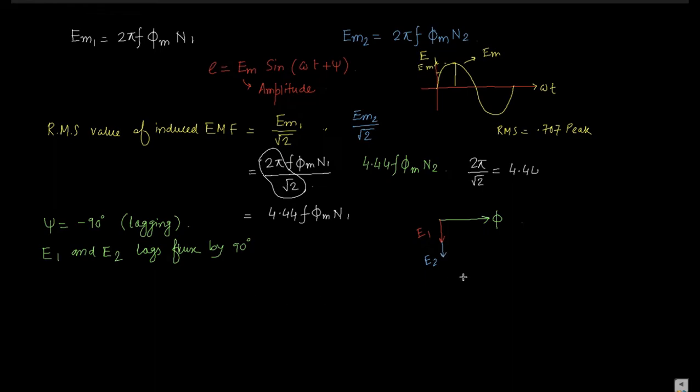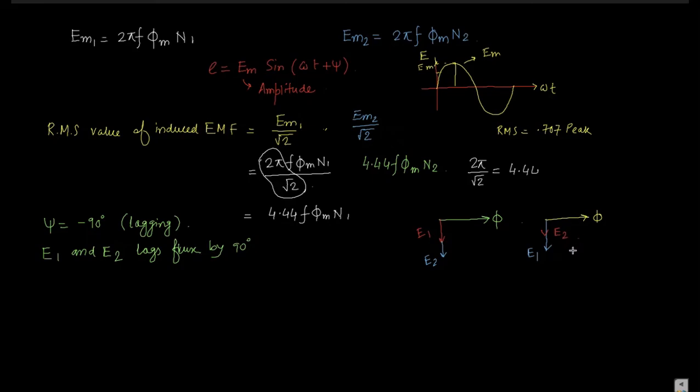And again, if you take phi over here and this becomes E1, this becomes E2.